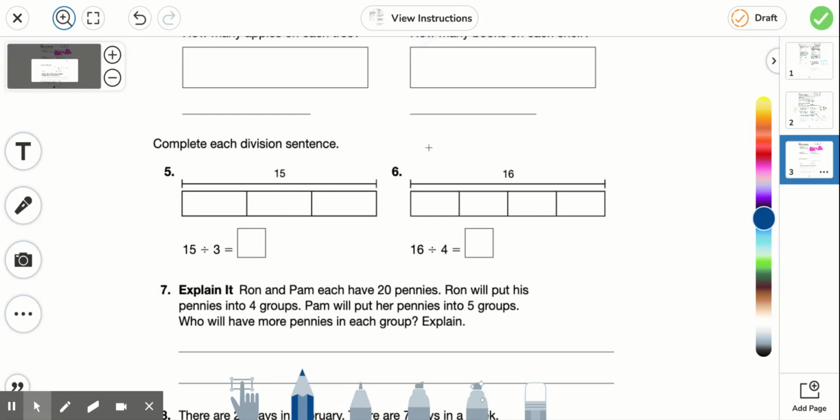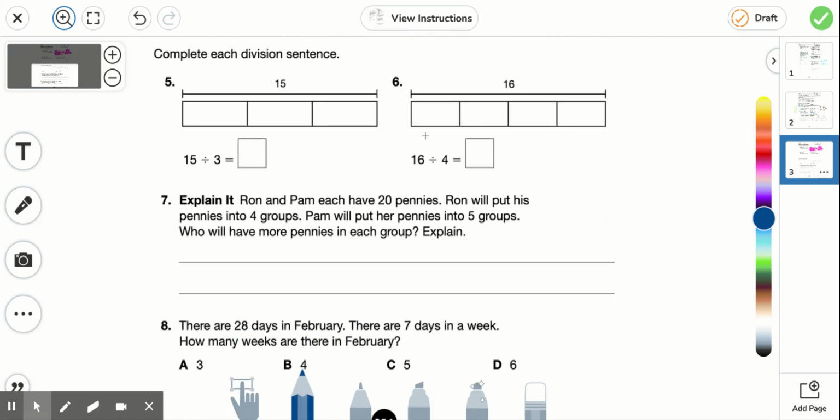So when you look at 5 and 6, these ones we didn't really practice on the Reteach, so I want to talk to you about them. It shows it to you as a part whole diagram. You guys remember these when we add and subtract and multiply? Well, it says we got 15 altogether in 3 equal groups. And these groups look equal. They are the same size. So I know that the number in each of these groups has to be the same, right?